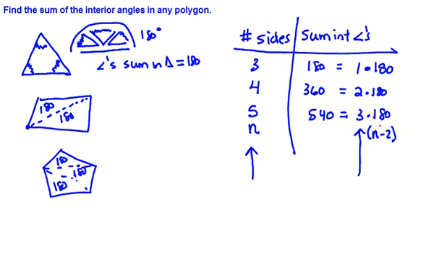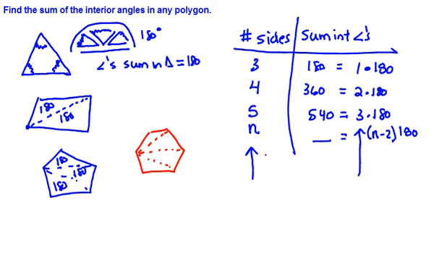So to find my angle sum, I take n minus 2 times 180, with n being the number of sides. For example, if we continue on this table and I have a 6-sided figure, I draw out my triangles, and I end up with 4 triangles that are each 180.